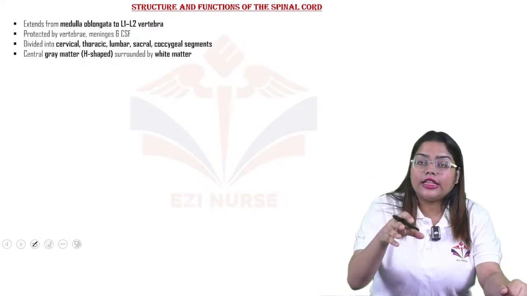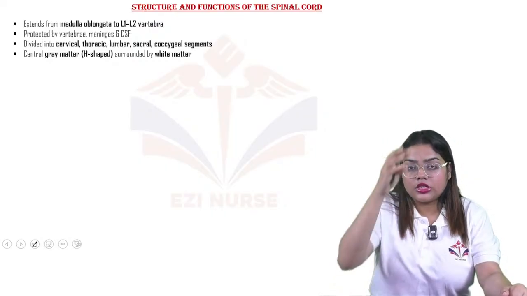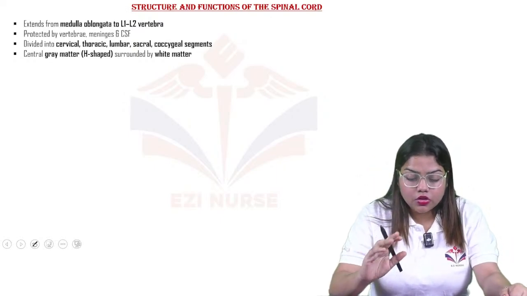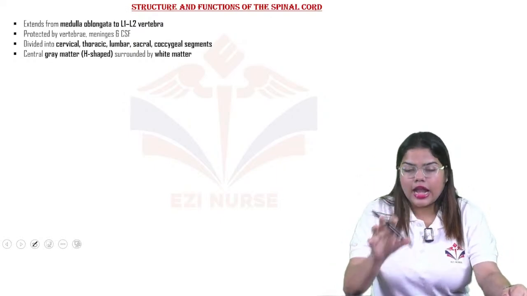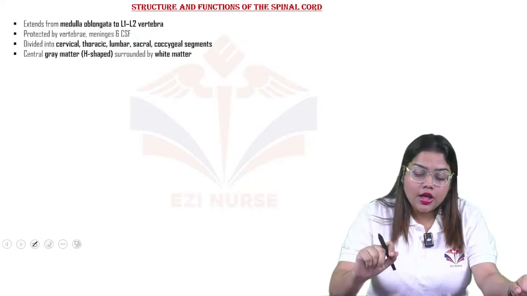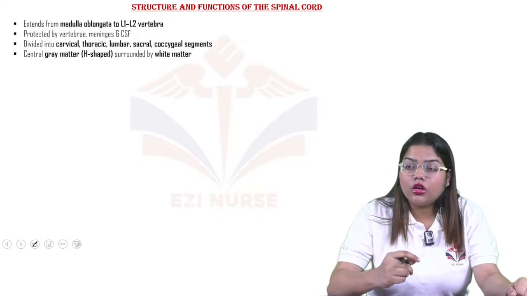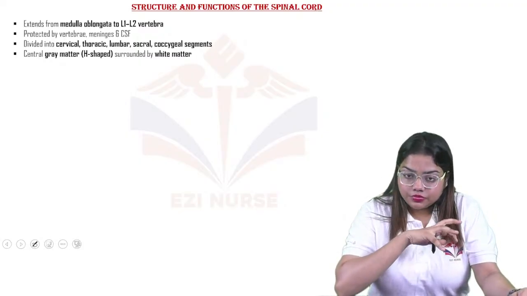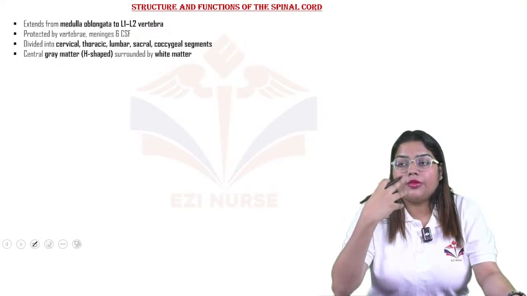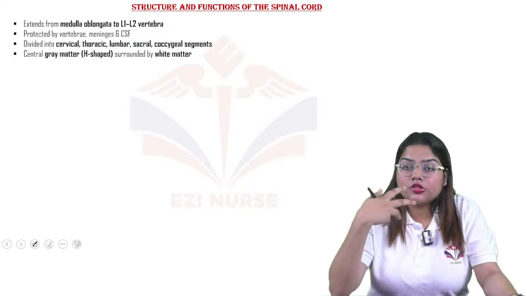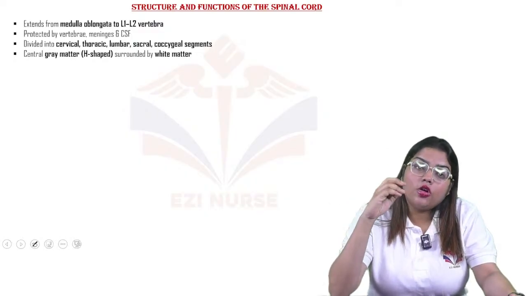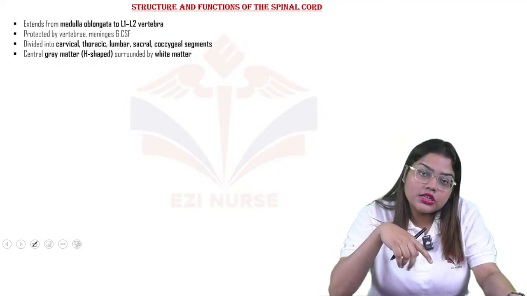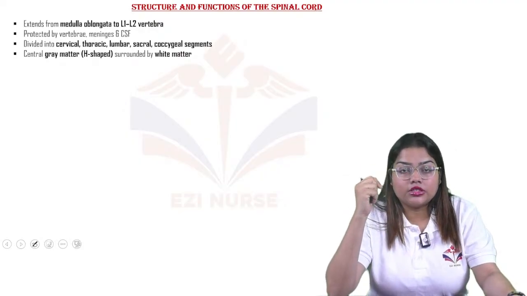So to protect that, there are different bone structures, but they are aligned in a line, not a straight line, to protect that part, because it is very delicate, and it comes along with different types of nerves, and it is also the pathway to attach the central nervous system to the peripheral nervous system.